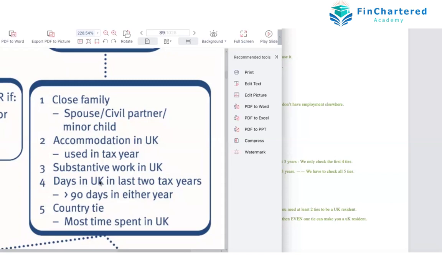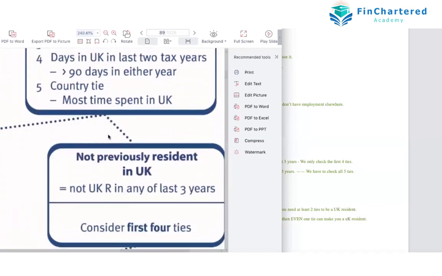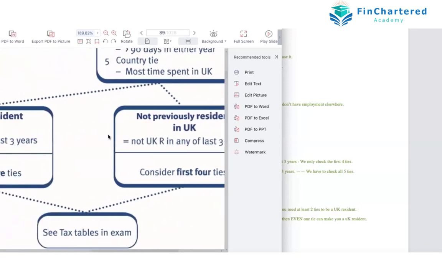Now we will look at the days spent along with connection. If you have spent, say, 120 to 182 days, then even having one of these connections can make you a UK resident.